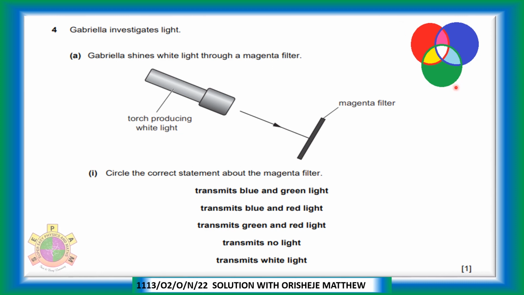The mixture of green and blue will give cyan. Then the mixture of blue and red will give magenta.